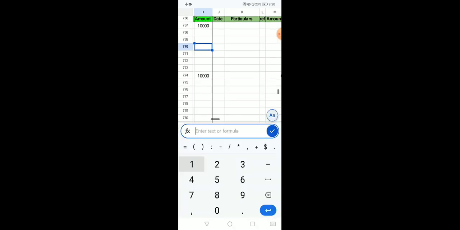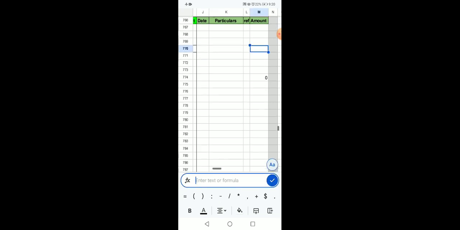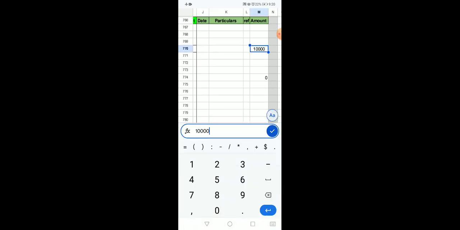So you are going to write the total on both sides. So 10,000 on the debit side and exactly parallel on the opposite side you will write the sum 10,000 as well. This way your second step is completed.